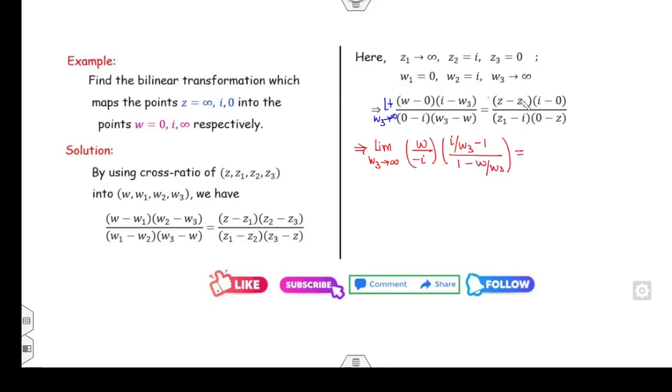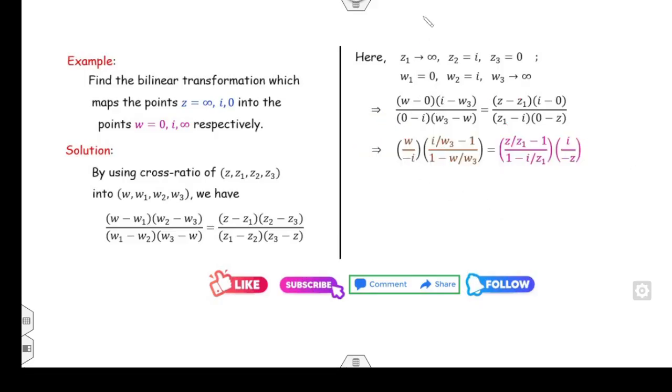Similarly, on the right hand side, because Z1 is my infinity, I can take Z1 approaches infinity. I can divide Z1 in the numerator and Z1 in the denominator. Iota divided by Z1. This number is my iota. This number is my minus Z.